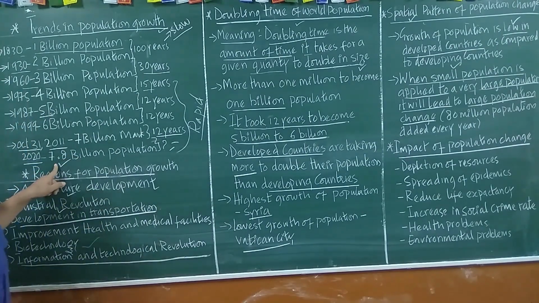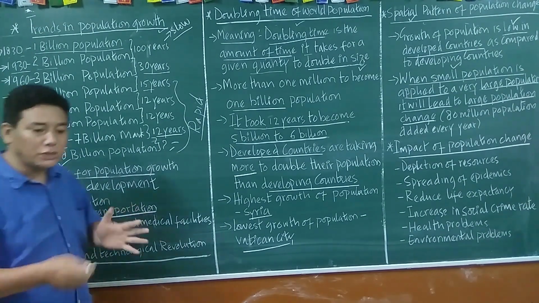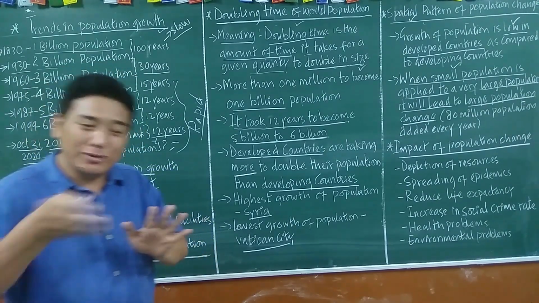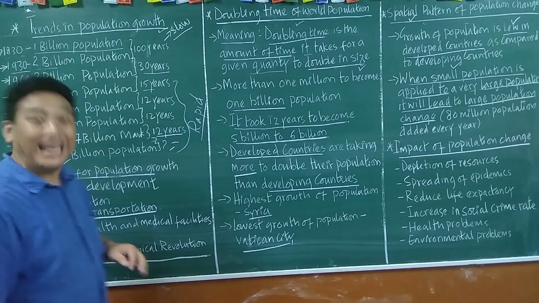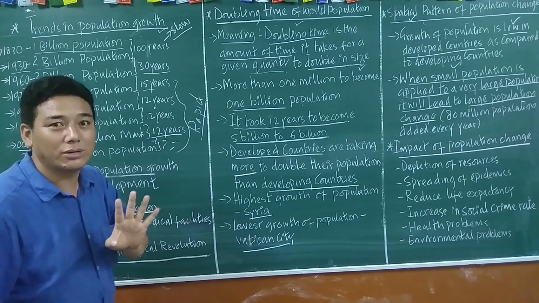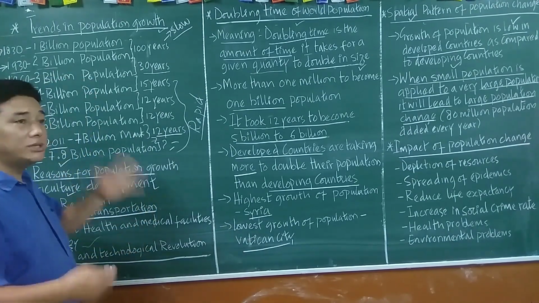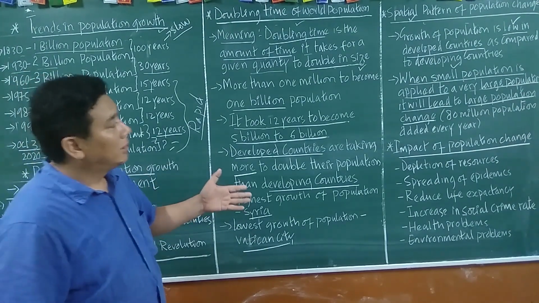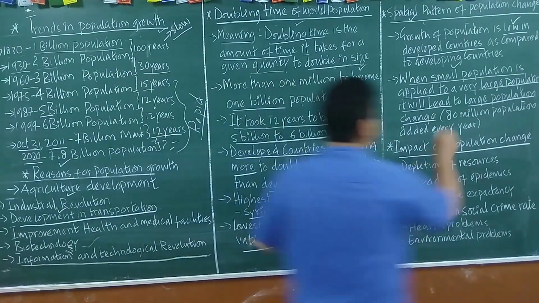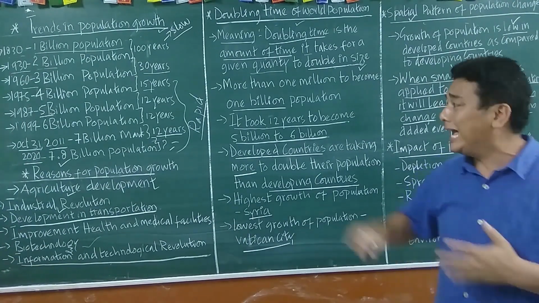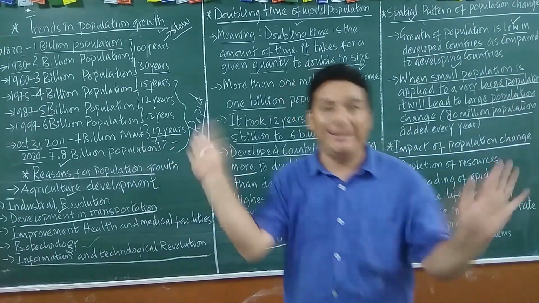The population is 7.8 billion, and it is believed that in a second 4 babies are born. Imagine, and then you try to calculate. Is that clear? 4 babies in a second. Now imagine the populations of a country. Maybe 80 million is a small number as compared to 7.8 billion.